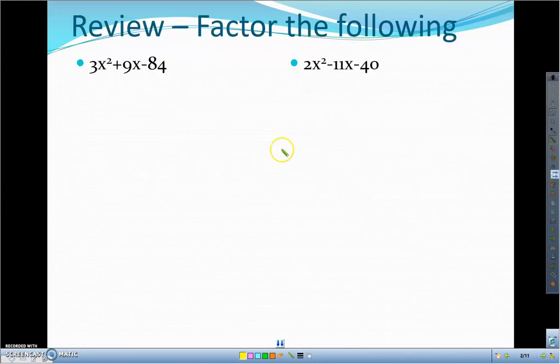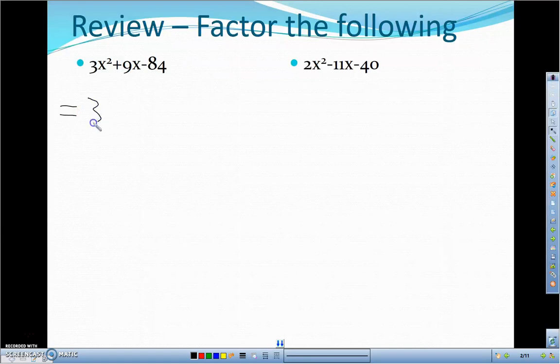As a quick review, I encourage you to pause the video at this point and try and factor these expressions. Now that you've had a chance, this is going to be a quick review. Factor out the 3. This turns into 3x squared plus 3x. 84 divided by 3 is going to be 28.